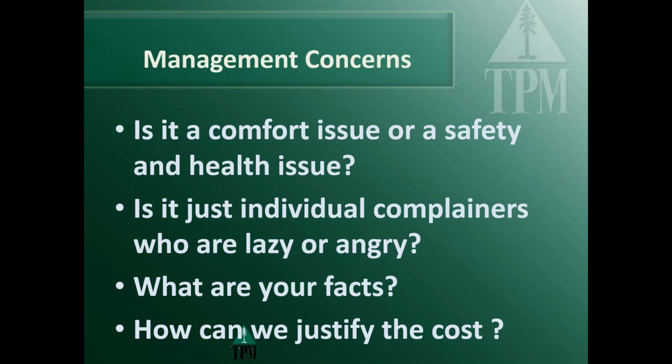And so the other question is, is it just individual complainers who are lazy? That might be, might not be. And that's why I like using one of the indexes: what are our facts? What do we know that's measurable? And I think we can absolutely justify the cost. Most everybody that I work with has something, whether it's water pops and increased drink breaks, or fans, or heaters in the wintertime.